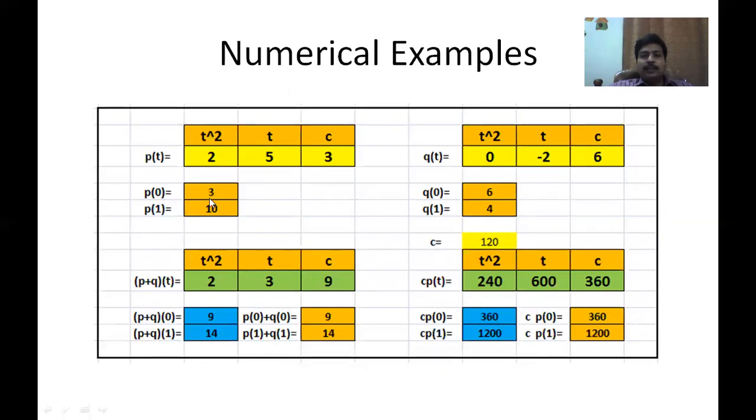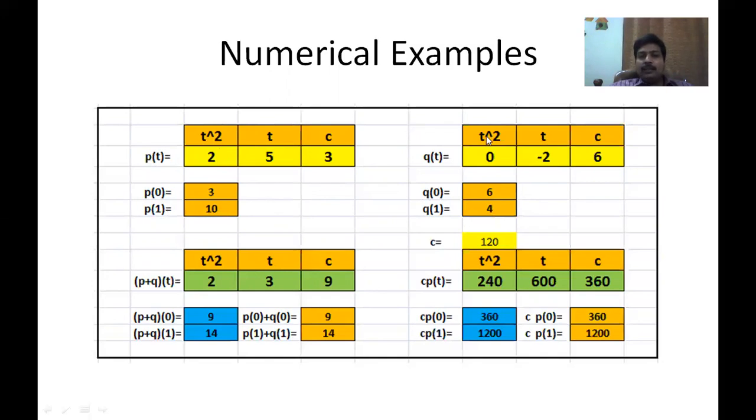If t is replaced with 1, 2 into 1 square is 2, 5 into 1 is 5, plus 3. So 2 plus 5 plus 3 is 10. So this is my T of p, and similarly, here it is T of q.